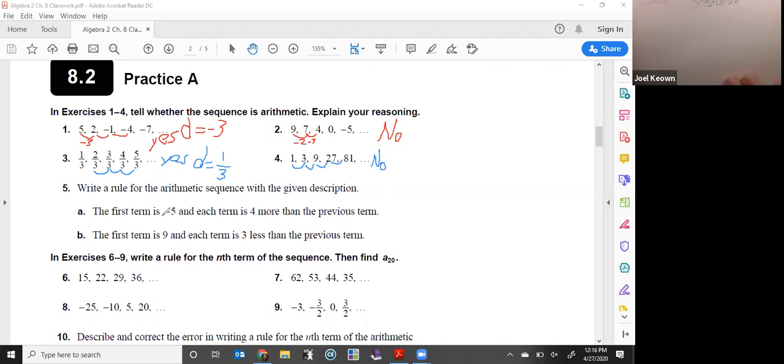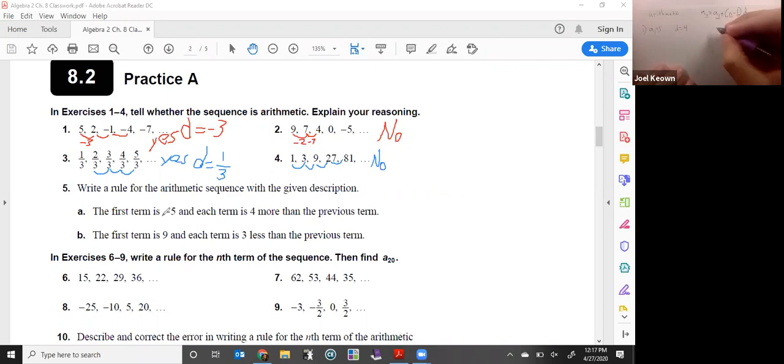Okay. For number 5, it says writing the rule. First term, so a sub 1 is my first term. A sub 1 is 5, and each term is 4 more. Well, 4 more means my d is 4.